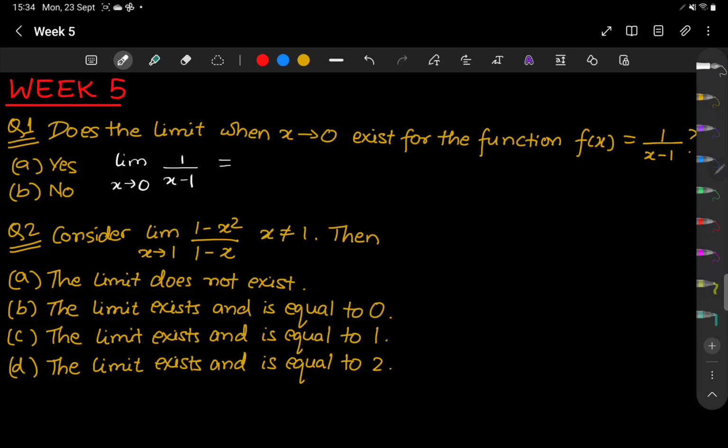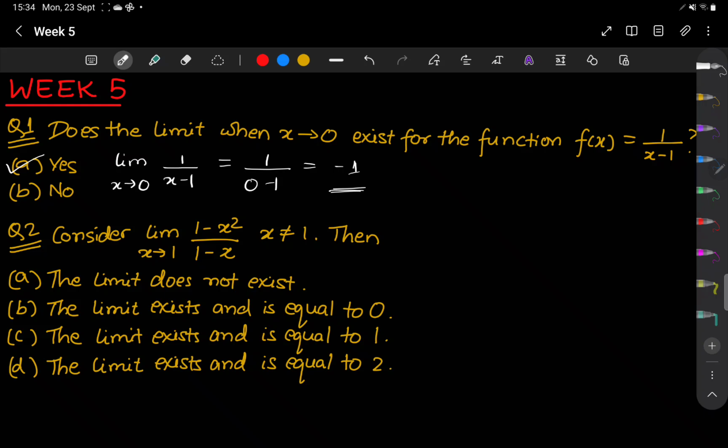Here you see that we can actually directly put x equals 0 because the denominator is not blowing up, nor is it becoming 0. So the numerator and denominator, they are not blowing up. So here we can directly put x equals 0, and this gives us -1, which means that the limit indeed exists and the value of the limit is -1.